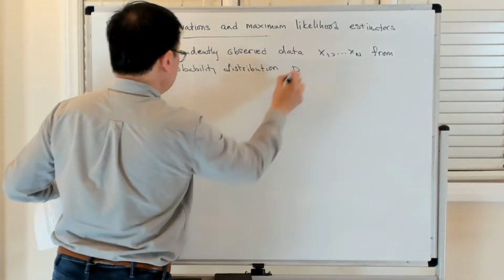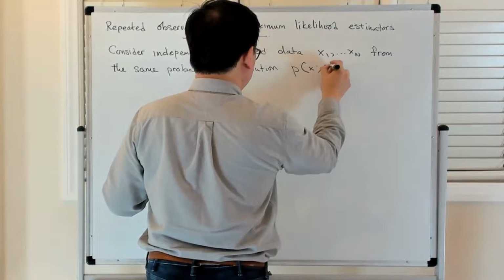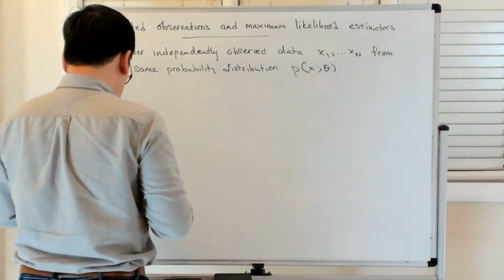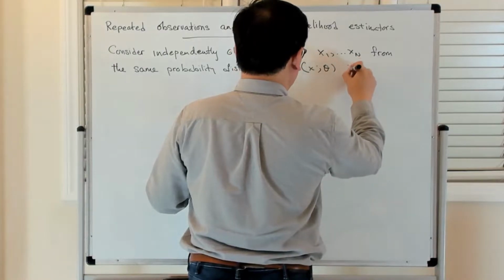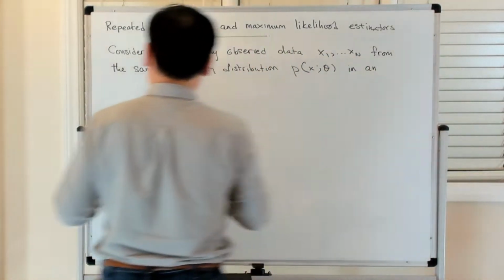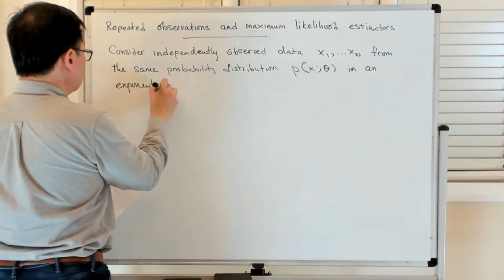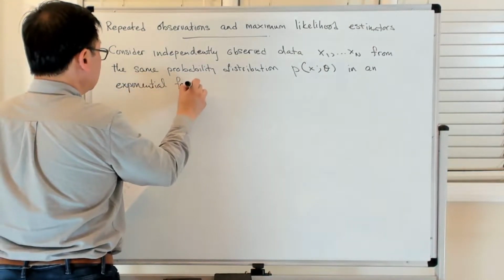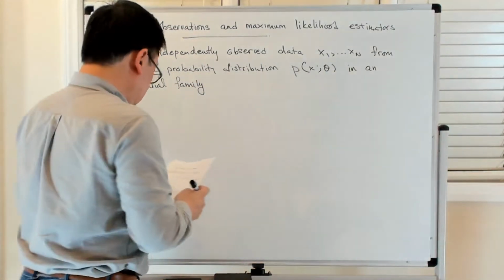Let's call that p of x with some parameter theta. And you want to do this in an exponential family. And the goal is to estimate the parameter theta.